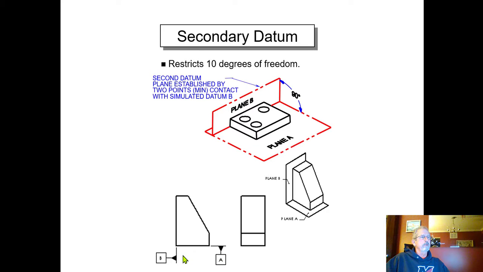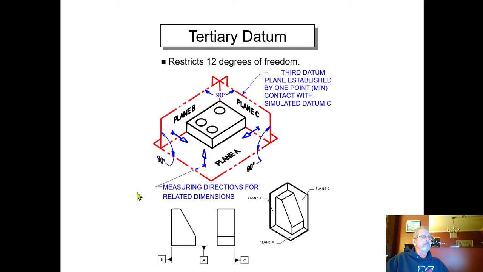So here's our primary, here's our secondary right here. So we have a secondary one that's perpendicular to A to make sure that is square, and then perpendicular to plane A and to plane B is the tertiary. So there's our tertiary plane from there. So you can see how that works.